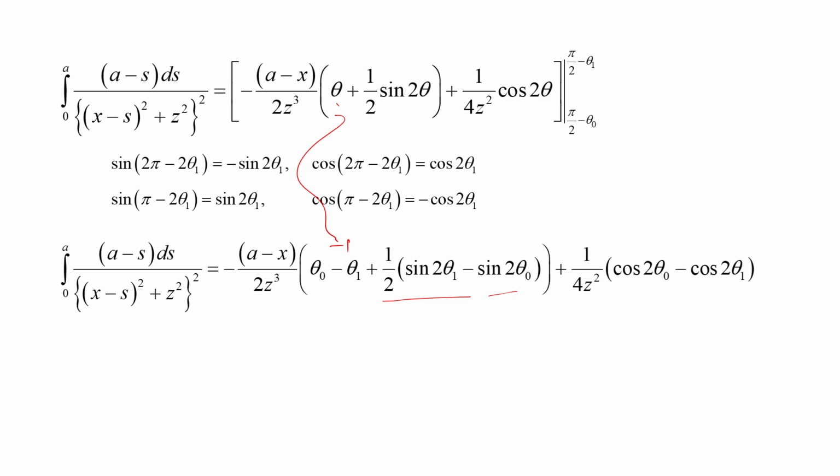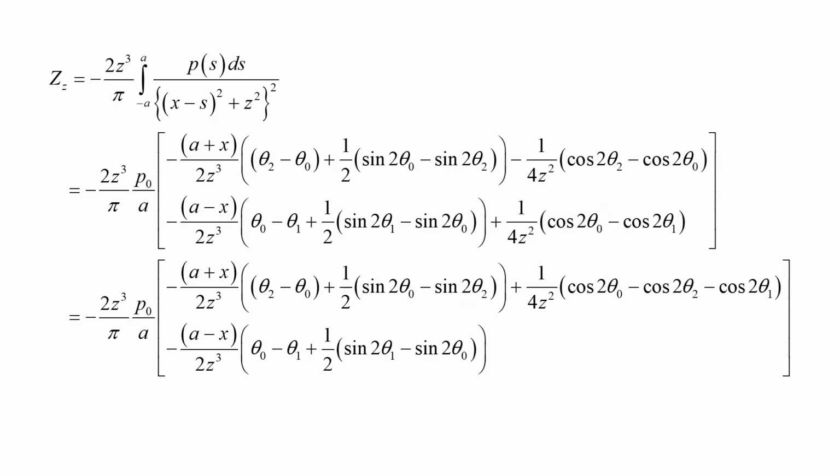So, sin pi minus sin 2 theta 1 is sin 2 theta 1, and like that. Here again I will get something like this, because cos of pi minus x is equal to minus cos x here. So, therefore, I will get here plus 1 by 4 z square, and from here I will get this term like this. So, here now we have to add up for both the limits.